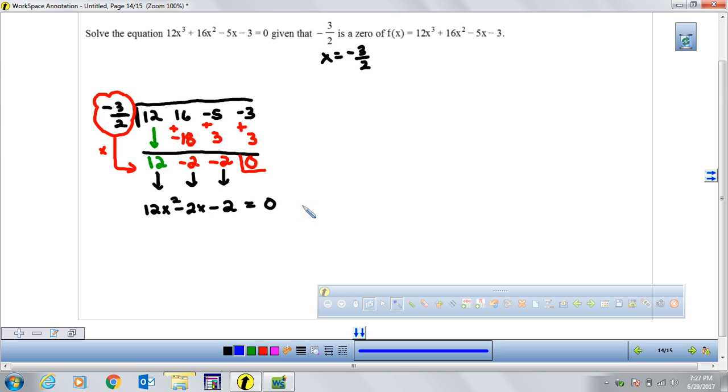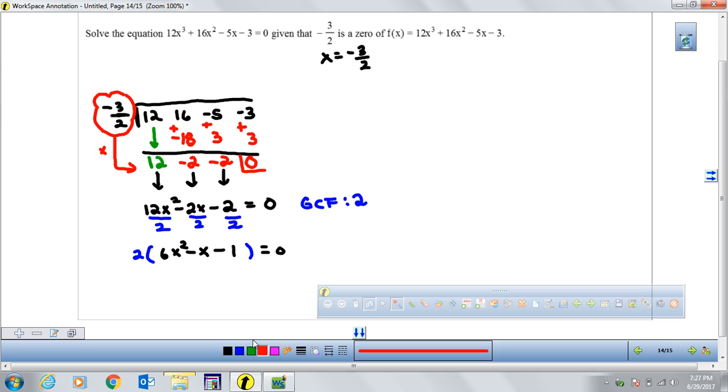So, for factoring, the first thing we need is to check if there is a greatest common factor, which in this case, there is a 2 as a greatest common factor. So we can factor a 2 from this polynomial. If we factor the 2, then we are going to be left with 6x squared minus 1x minus 1.